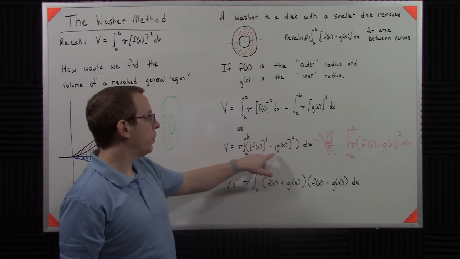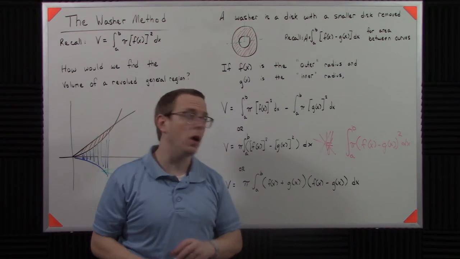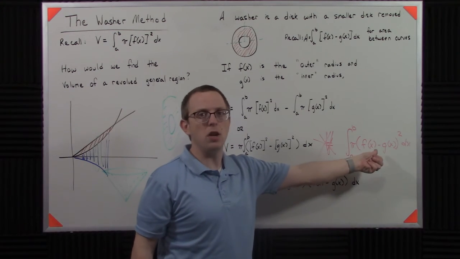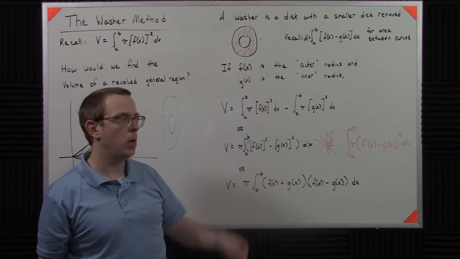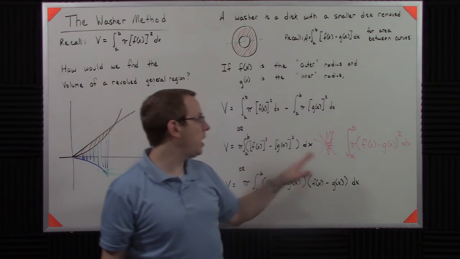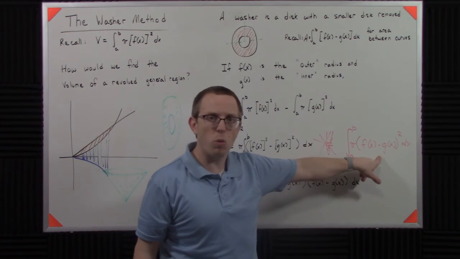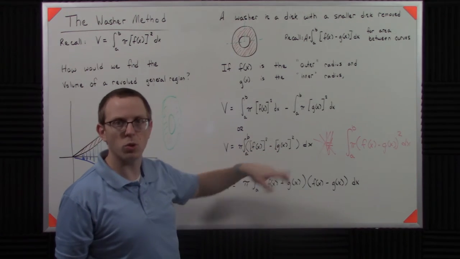It is the difference of the squared values of the functions. I know that's a little bit of semantics there. There's this huge difference. You can pick out any number of functions and this will not be equal to that. Not even close most of the time. So be very careful that you square the individual functions and do not square their difference. You take the difference once they're squared.